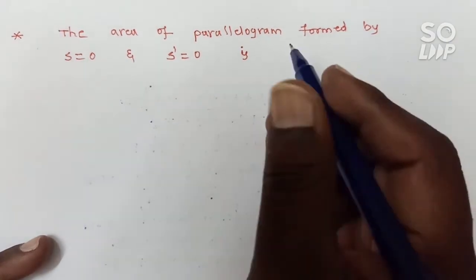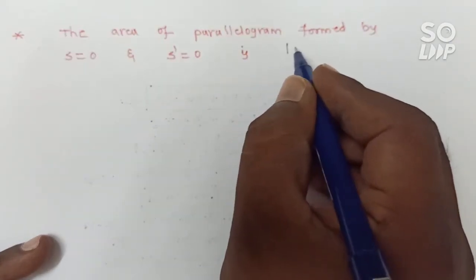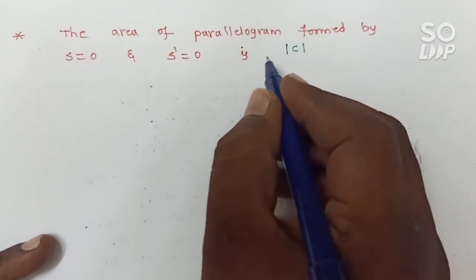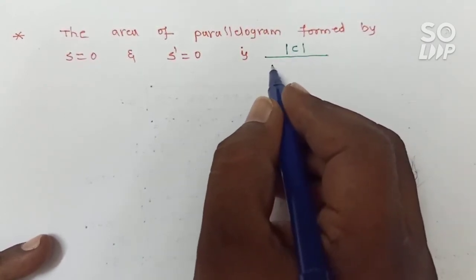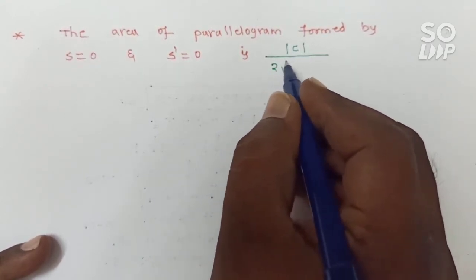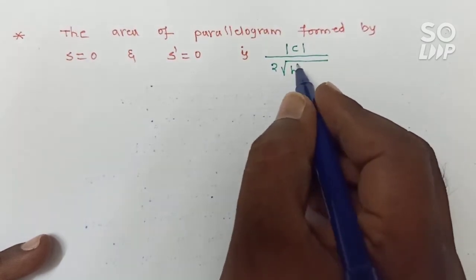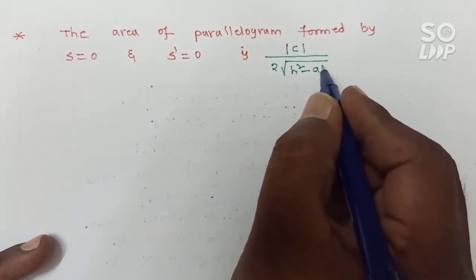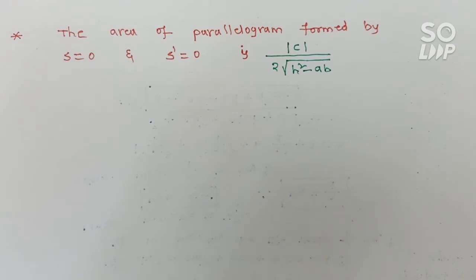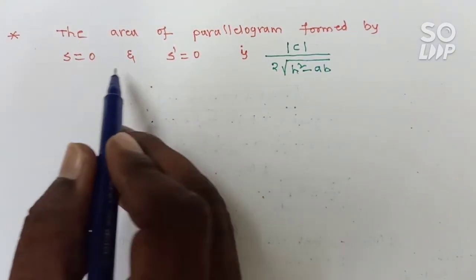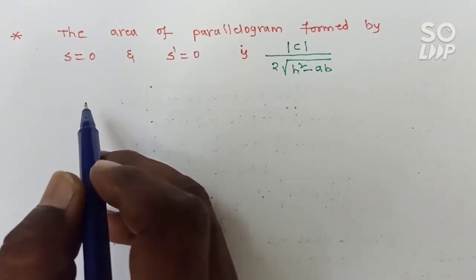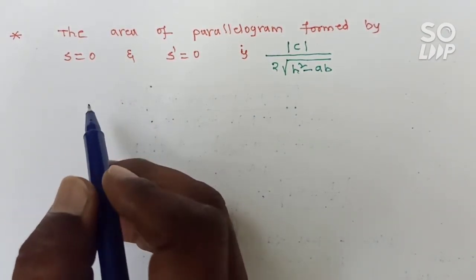The formula will be modulus of c whole divided by 2 into root of h square minus ab. This is the area of the parallelogram formed by these two equations. Right, next one.